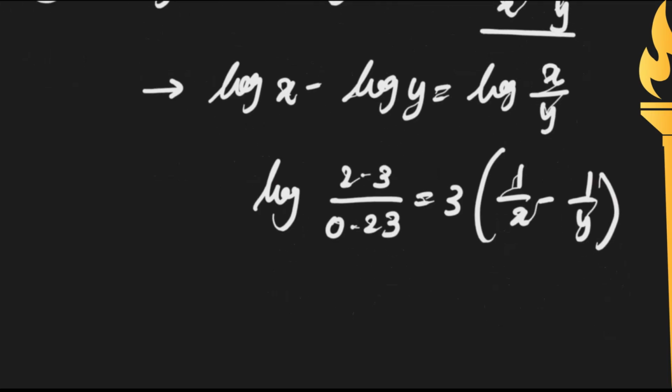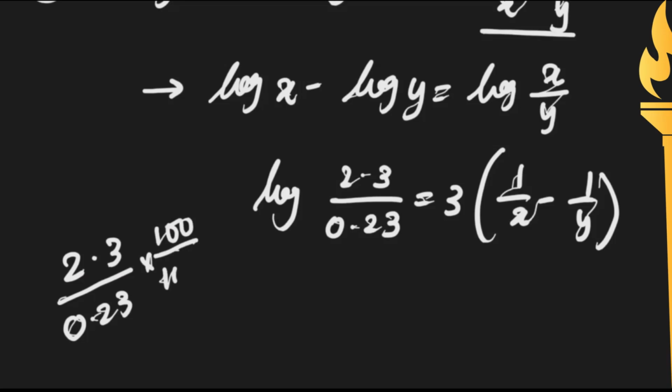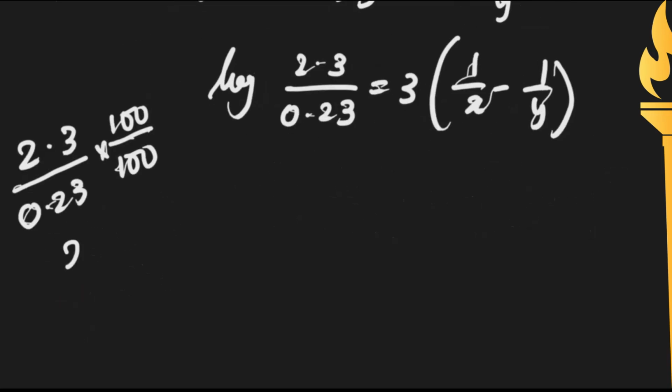So next, if we simplify 2.3 by 0.23 by multiplying 100 on numerator and denominator, we would get 230 by 23. If we cancel, we get 10.